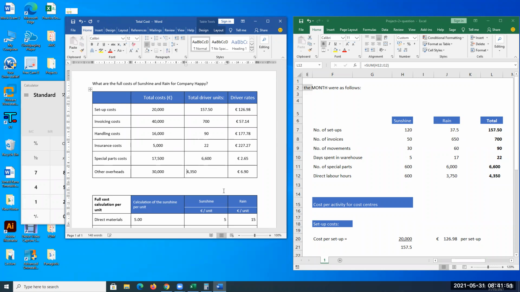It should be in the center. Yes, that's fine. So 4,350 are the total number of direct labor hours.